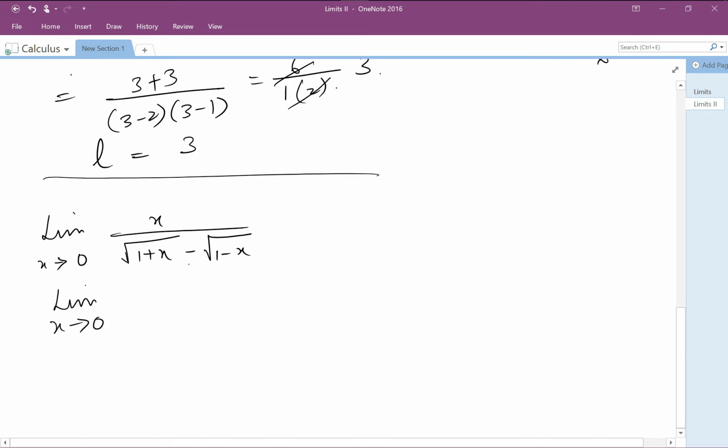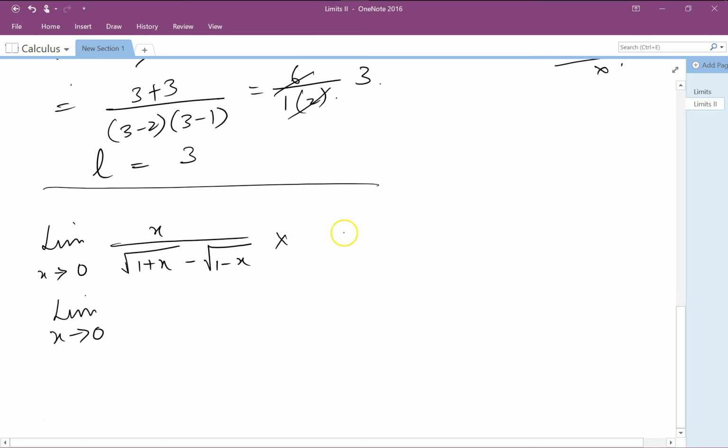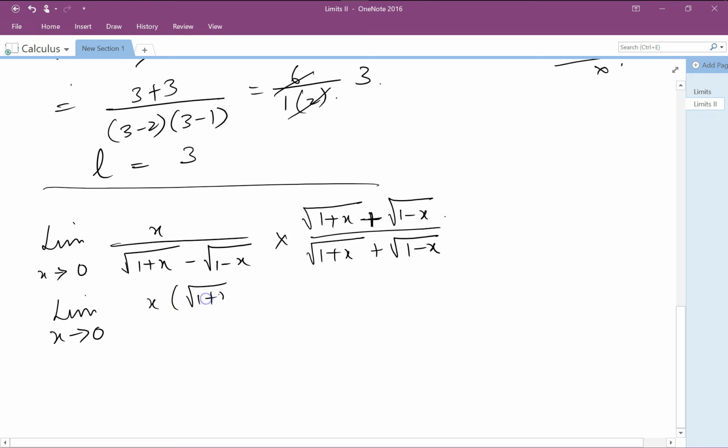How do we do that? Let's multiply both numerator and denominator by the denominator's conjugate. Square root of 1 plus x plus square root of 1 minus x, over square root of 1 plus x plus square root of 1 minus x. Now what happens? The numerator becomes x times square root of 1 plus x plus square root of 1 minus x.